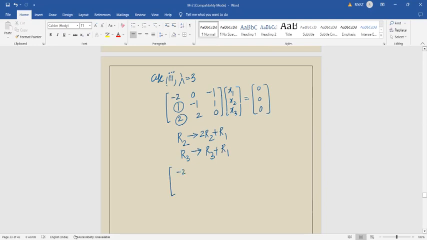Minus 2, 0, minus 1, 0, minus 2, 1, 0, 2, minus 1, into x1, x2, x3 is equal to 0, 0, 0.